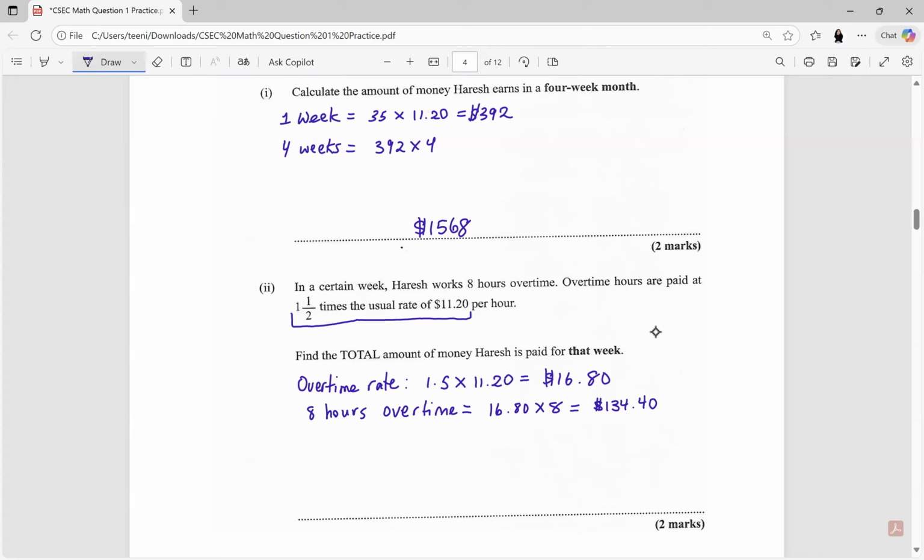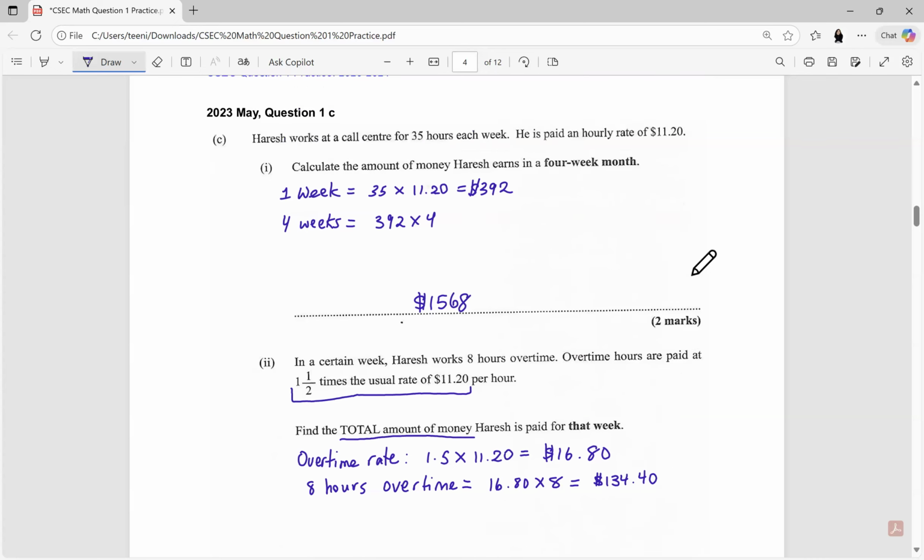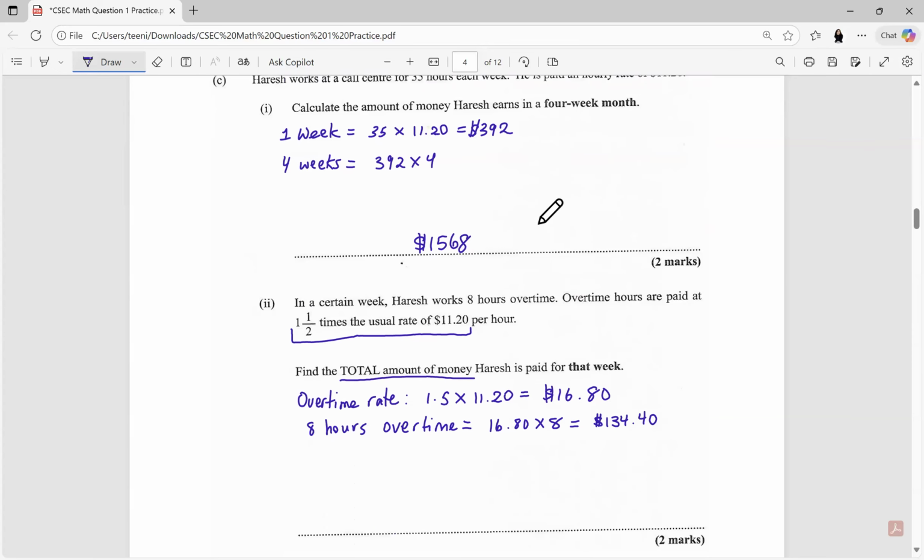$134.40. And they asked us the total amount of money that he would be paid for that week. His typical work week is 35 hours, and that would be paid at his regular rate. So for 35 hours, we worked that out up here already, $392.